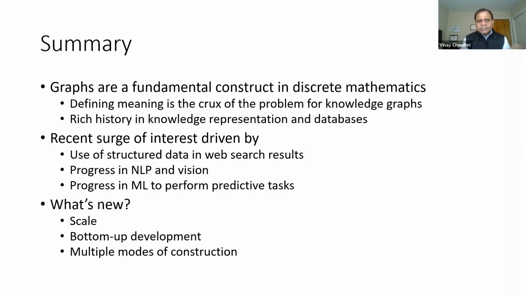But what we are seeing in the recent past is this bottom-up development, where the knowledge graph development happens based on what data is available, what data somebody has put out there, what data you can buy in the market, what we can extract, what we can actually learn, right? So all of those things are driving this bottom-up approach of creating these knowledge graph artifacts, which I think is new, right?